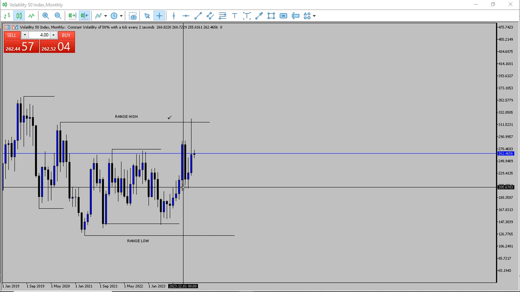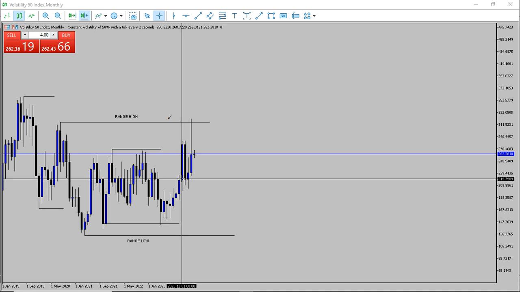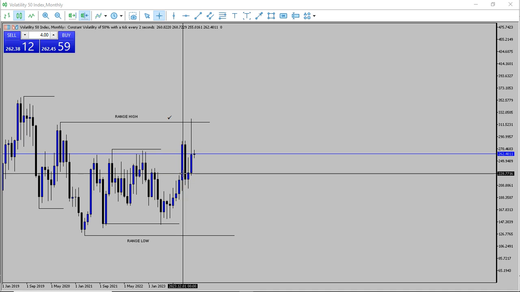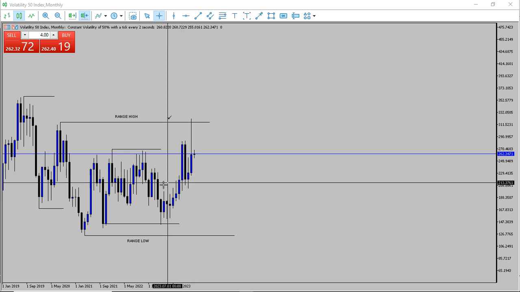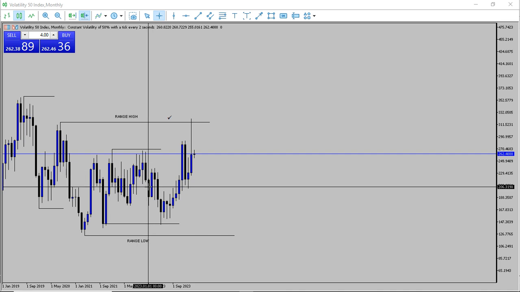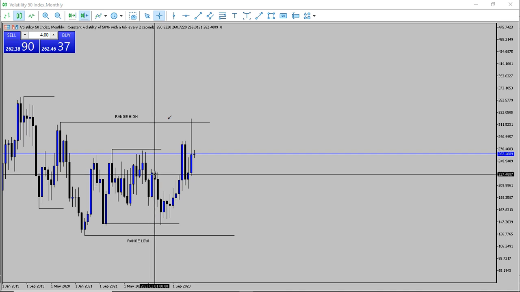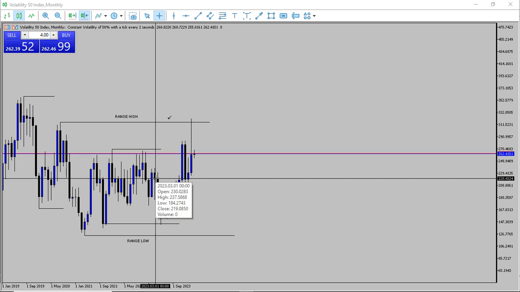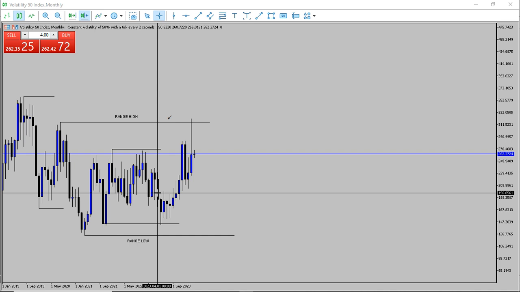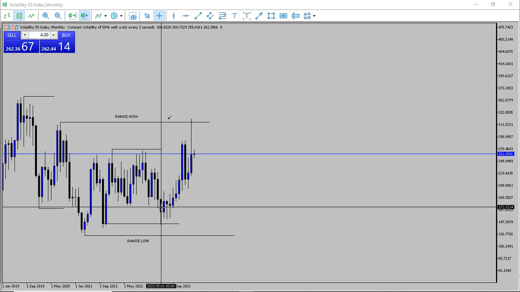So now what I always teach in the mentorship, to those in the mentorship, is to know which quarter gives us the high and the low. So looking at this, we can tell which one was the high and which one was the low. So this is March, and we have April, May, June.